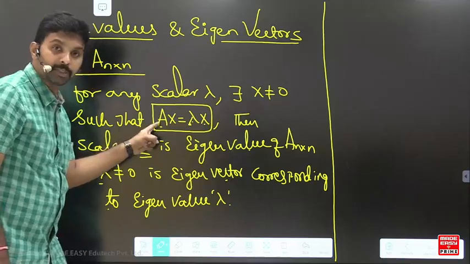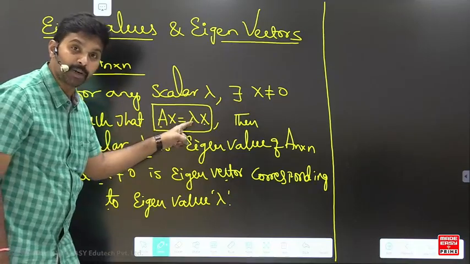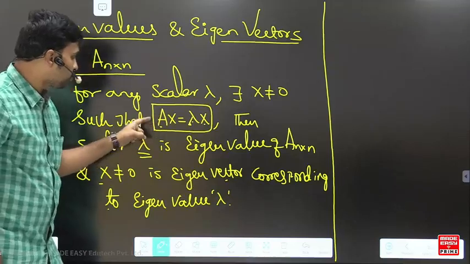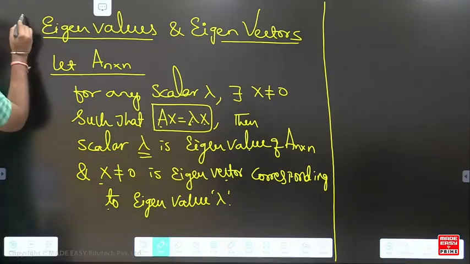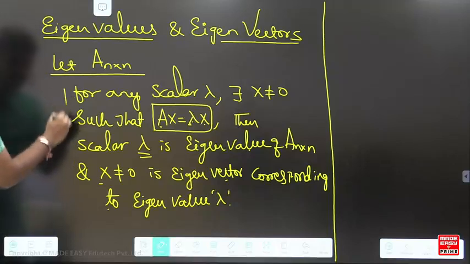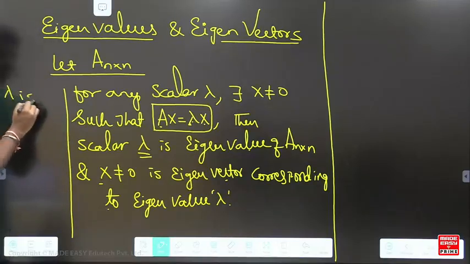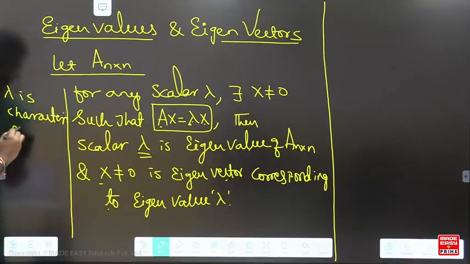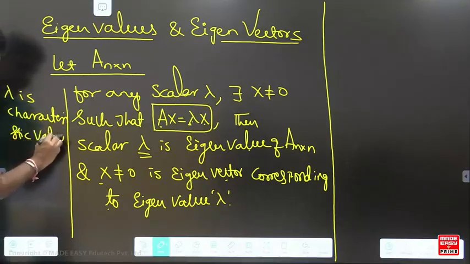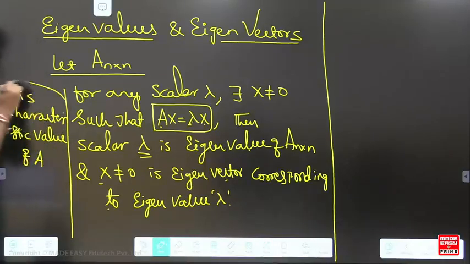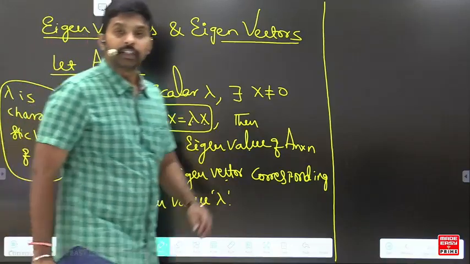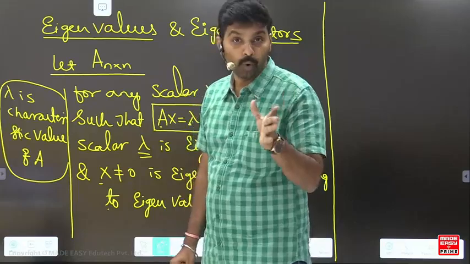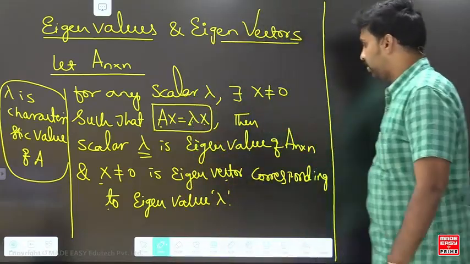This side is a matrix multiplication, but that side is a scalar multiplication. So this scalar is characterizing this matrix A. Therefore this lambda is called the characteristic value. The lambda is also called the characteristic value or eigenvalue of A. I hope you understand. So that's the thing here, right?